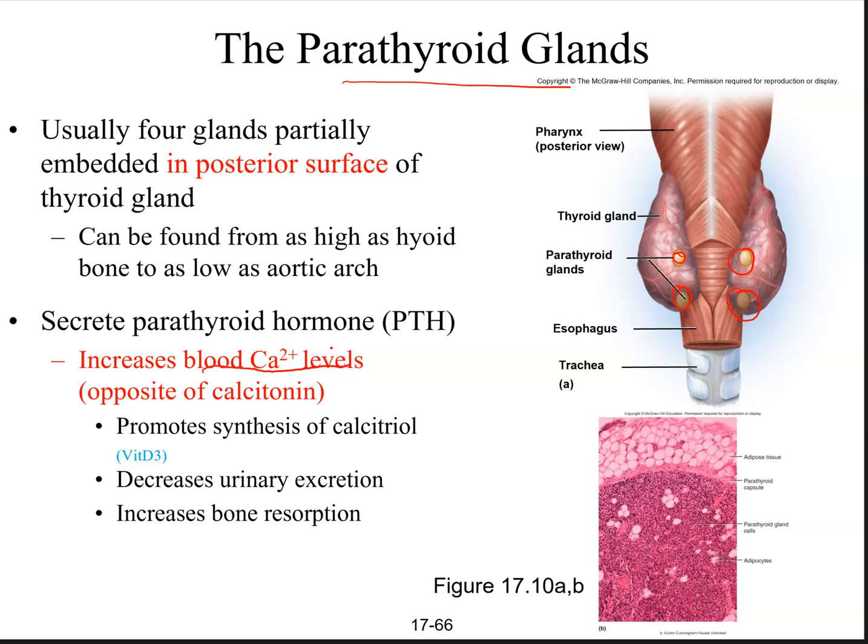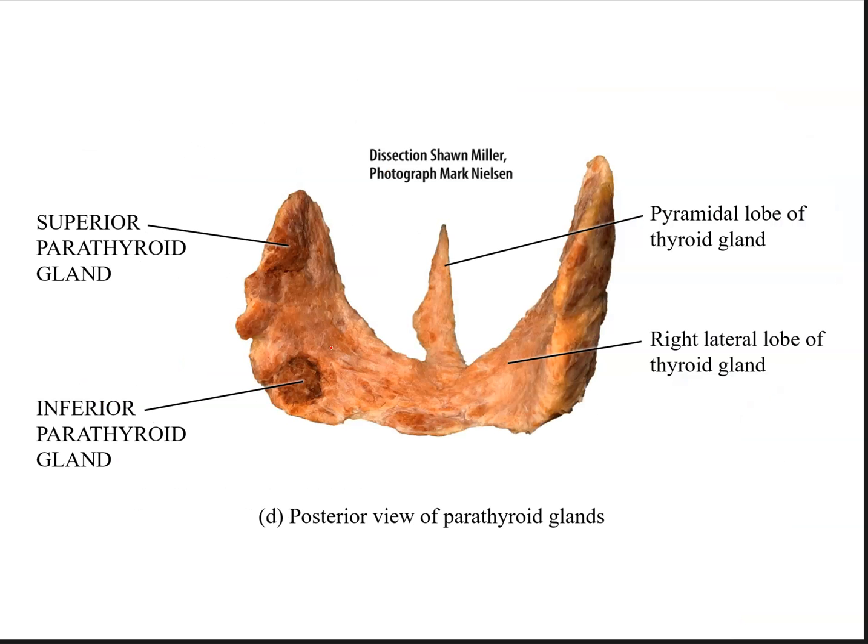So they promote osteoclast activity, and they break down or dissolve the bones to release calcium back into the bloodstream. So this over here is a picture of the thyroid gland, and right behind here is the parathyroid gland. This is called the pyramidal lobe of the thyroid gland, which is present right above the isthmus.